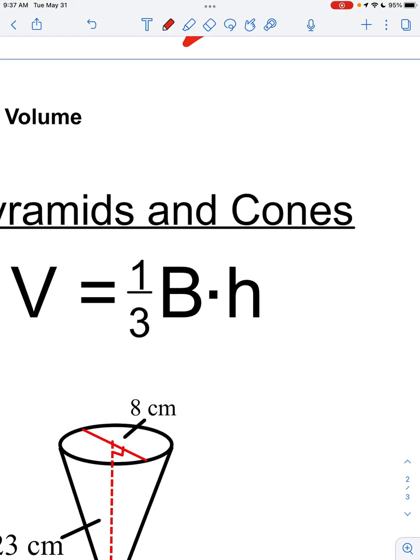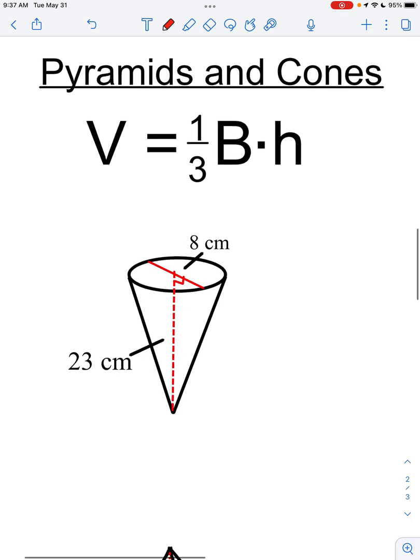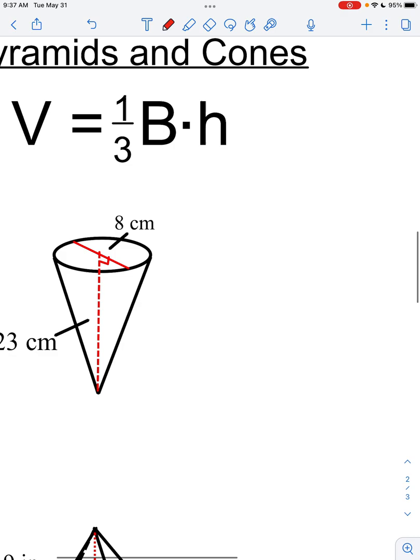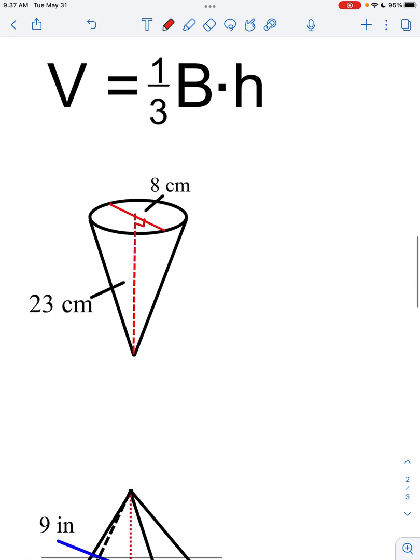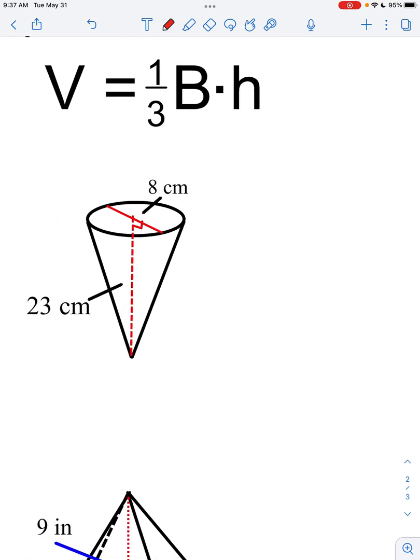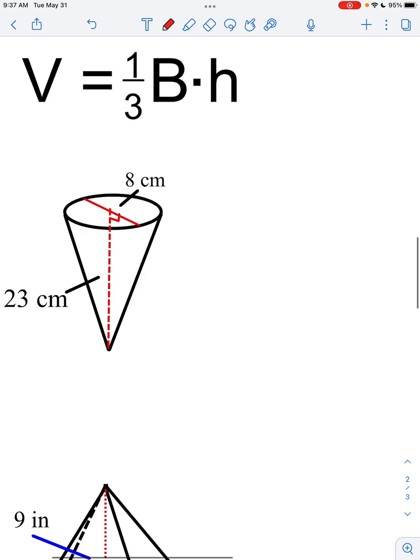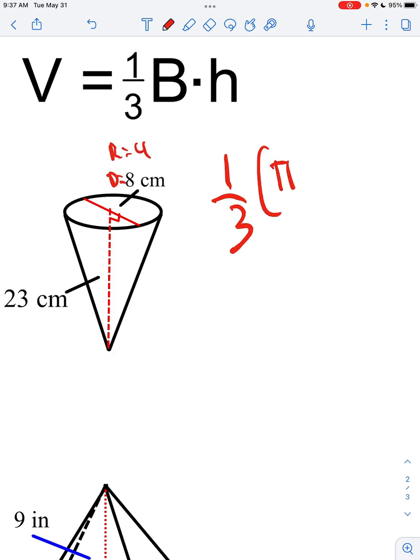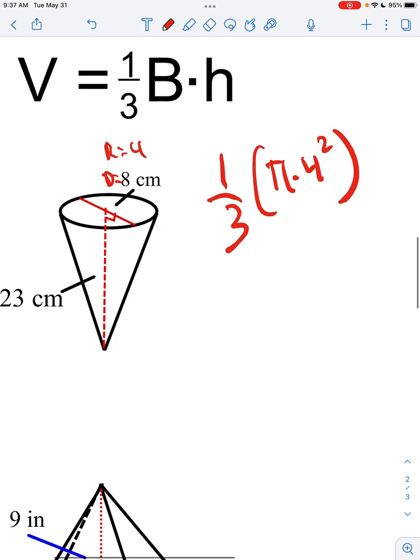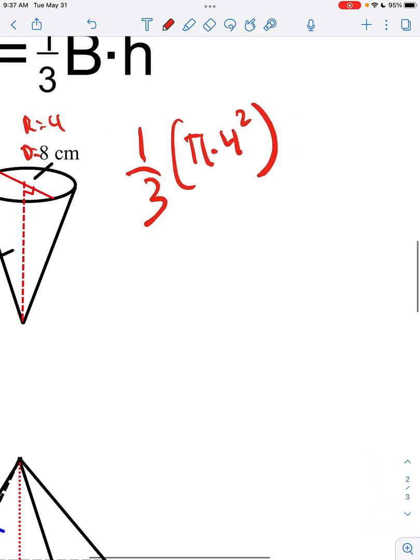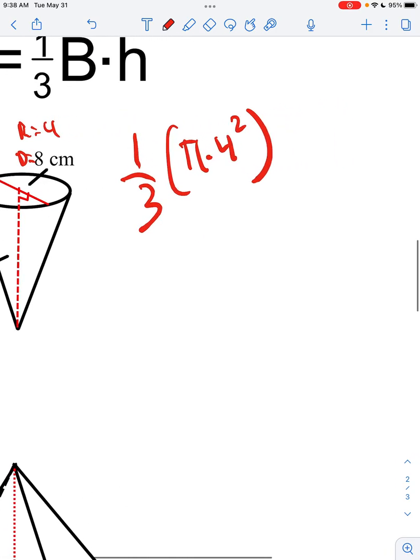Okay, so let's take that to use. Again, thinking about how I would take this and fill up a cone, it would take 3 whole volumes to equal itself. All right, so 1/3 base. Again, if my diameter is 8, my radius is 4. So again, pi times 4 squared, and then my height is 23.